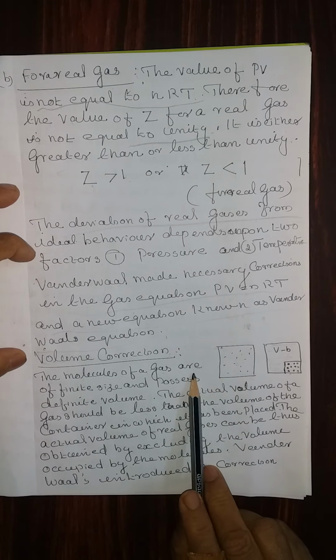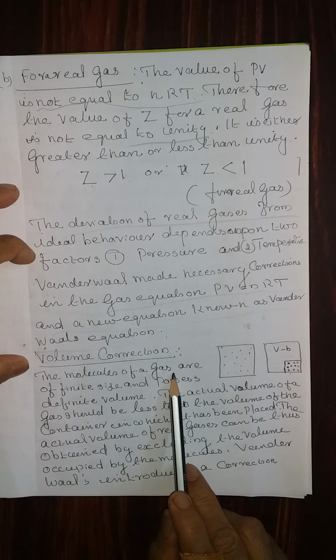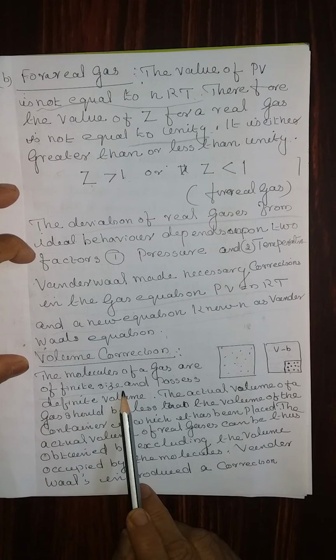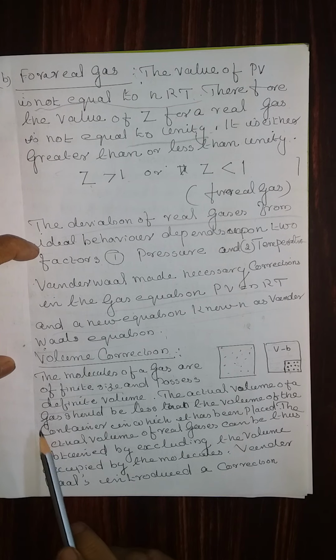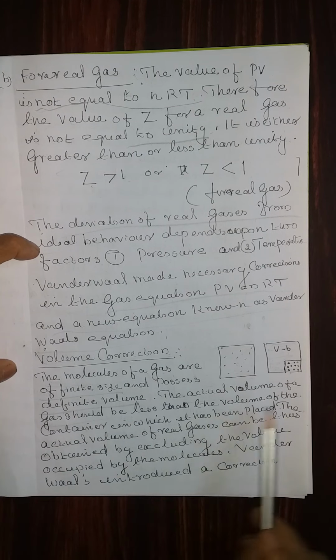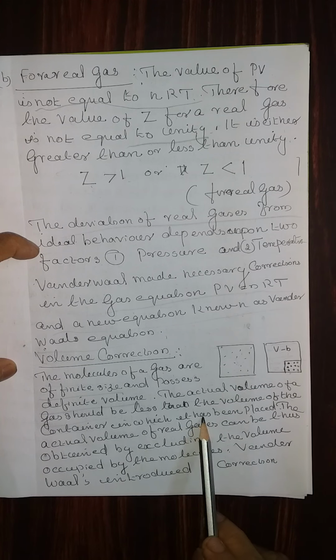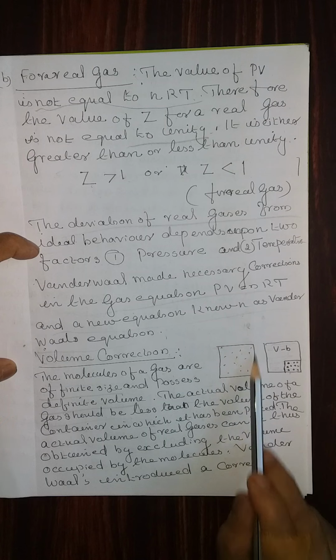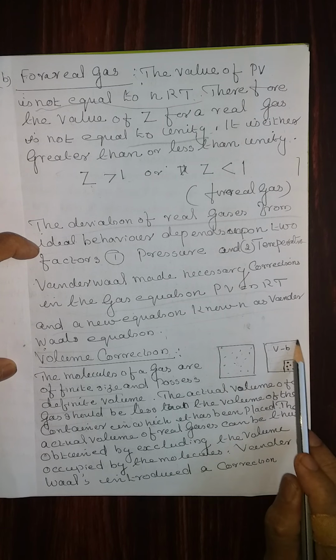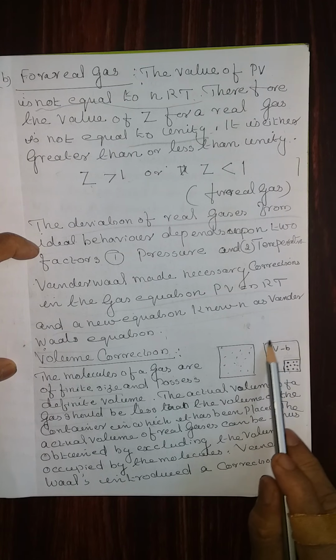Therefore, let us see the explanation. The molecules of gases are of finite size and possess definite volume. The actual volume of a gas should be less than the volume of the container in which it has been placed. We consider that full volume, but actually that is not the volume. This is the volume that should be considered.